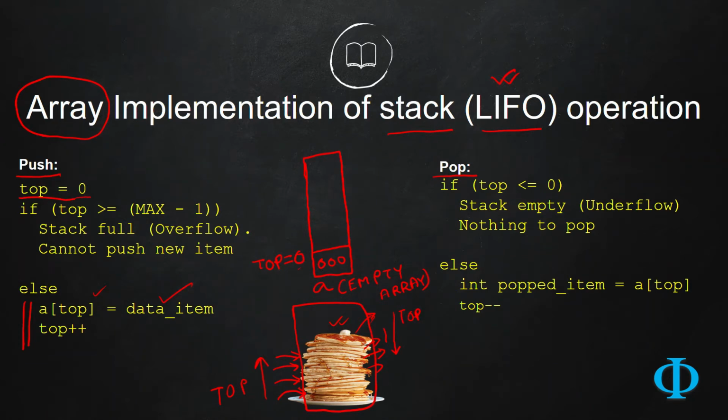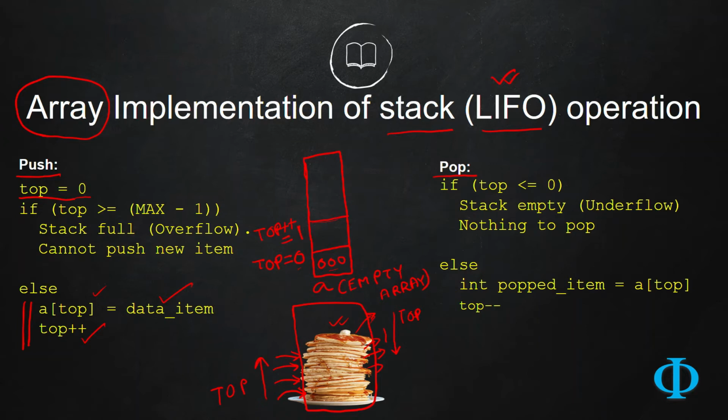So I put my first data item, 000, and then I increment top. Top was 0. Now it is incremented, top plus plus, and it is now 1. So now top is in here.